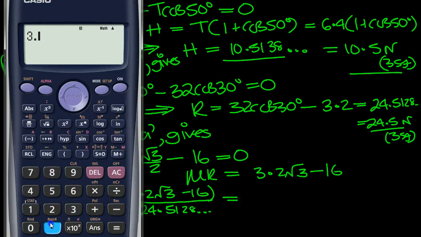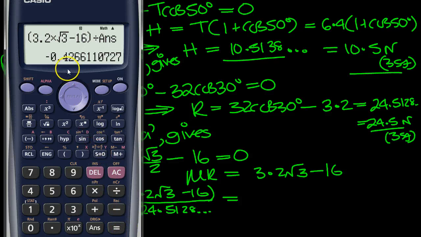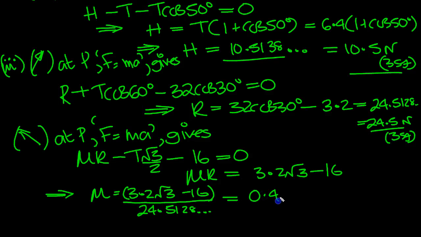So it's 3.2 times the square root of 3 minus 16. Now we need to put that in a bracket rather than press answer, because the answer contains our number. And then we need to divide that by the answer that we had before, the 24.5128, equals 0.4266 minus.